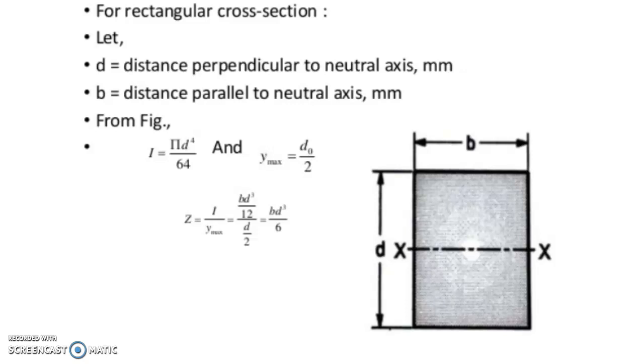Let d be the distance perpendicular to the neutral axis, b the distance parallel to the neutral axis, and I is equal to bd cube divided by 12, note this value, bd cube divided by 12, and y max is equal to d by 2. So we can calculate the section modulus Z is equal to I divided by y max, that is bd cube divided by 12 divided by d by 2. From that equation we can find the value Z is equal to bd cube by 6.